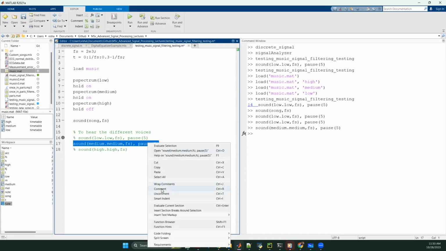Then I hope you can understand that it is a band pass filtered signal.